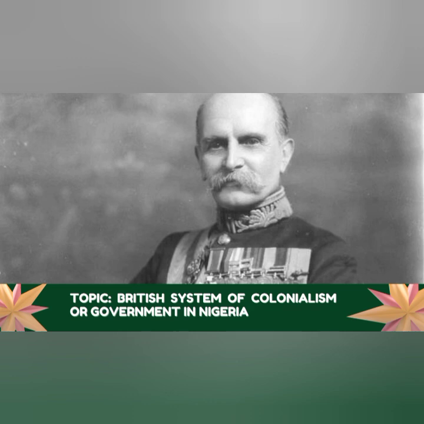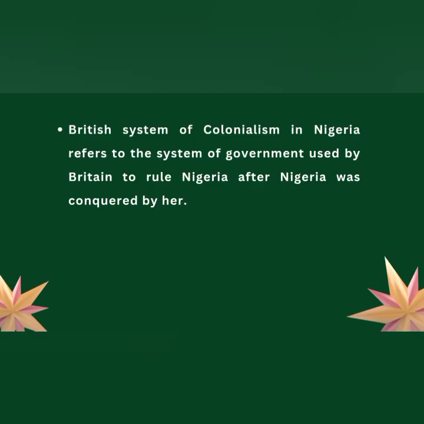So let us start. When we are talking about the British system of colonialism or government in Nigeria, it has to do with the system of government used or adopted by Britain to rule or govern Nigeria after Nigeria was conquered by her. Let me take that again for a better understanding. The British system of colonialism or government in Nigeria has to do with the system of government used by Britain to rule or govern Nigeria after Nigeria was conquered by her.